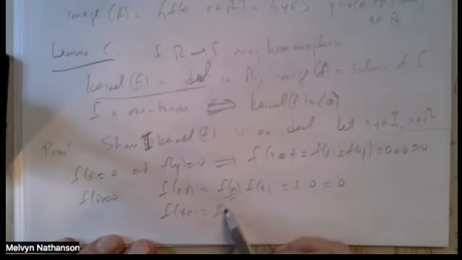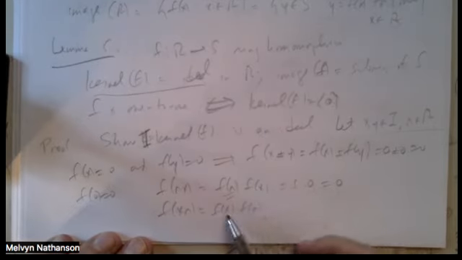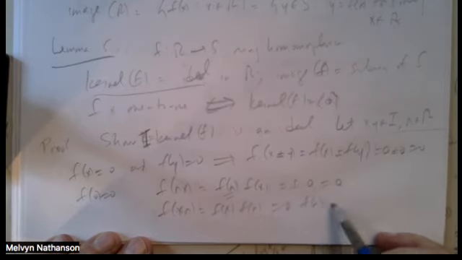And in the same way, F of XR is F of X times F of R. That's 0 times F of R, which is 0. So the kernel is an additive subgroup of the ring which is closed under left and right multiplication by any ring element. And that means the kernel is an ideal. Right? So that's the proof of the first part of this lemma.